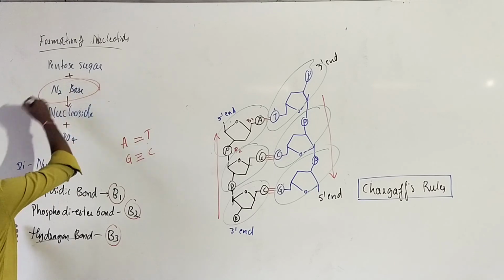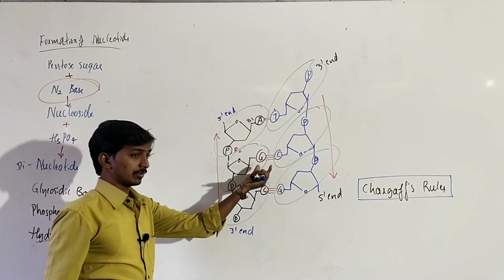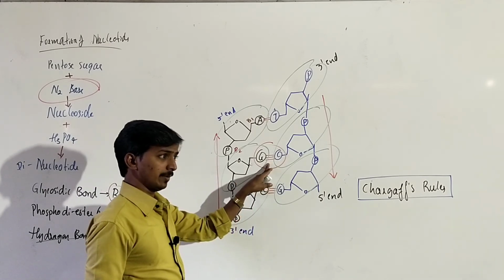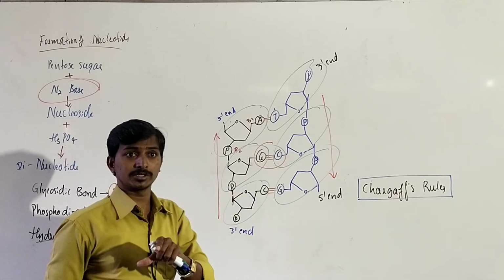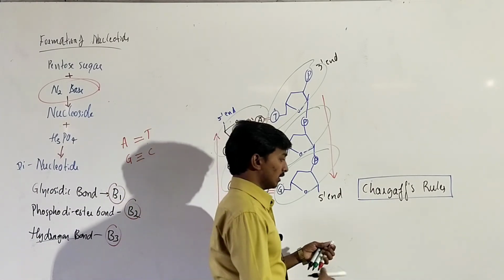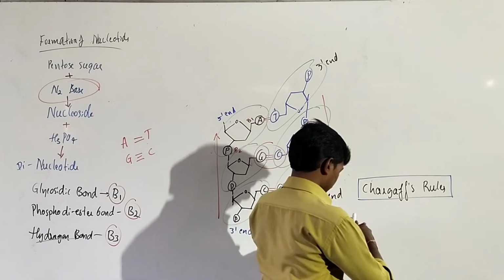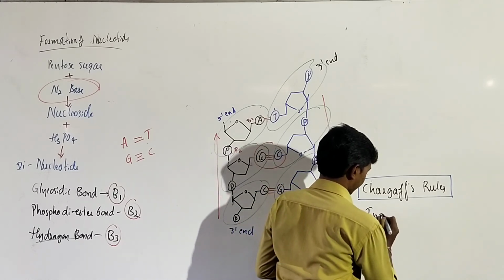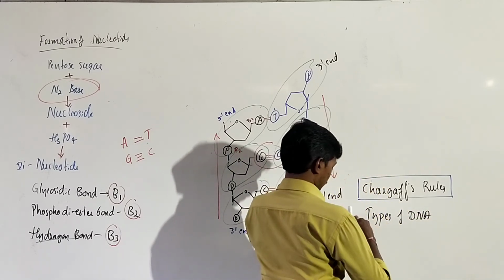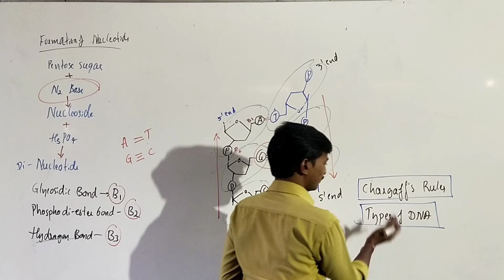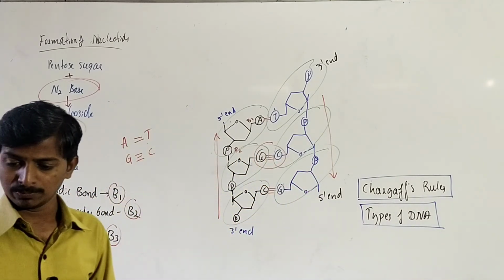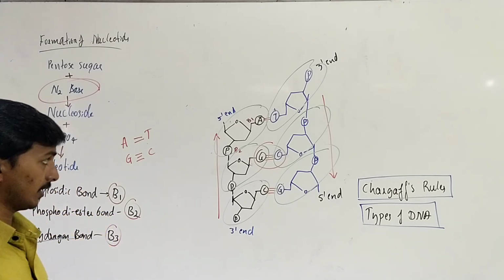Arrangement of nitrogen bases means the number of nitrogen bases, quantity of nitrogen bases, number of bonds, etc. So there is a set of rules called Chargaff's rules. We will discuss in the next video. Also, we will find some types of DNA in further videos. Lastly, we will go to the structure of DNA, that is double helical model of DNA proposed by Watson and Crick. Right.